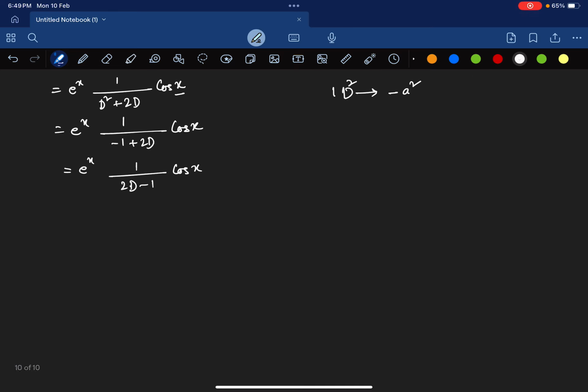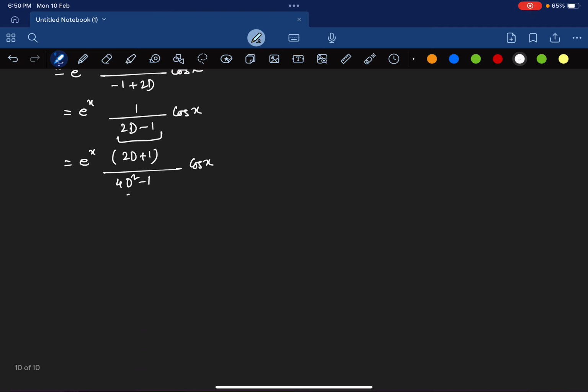Now see, in the lower term you have only D, there is no term involving D square here, so you need to convert it into a D square involved term. So immediately what you do: multiply by (2D plus 1) over (2D plus 1), so immediately you get 4D square minus 1 in the denominator, cos x. Now again you can see D square is present, so in place of D square put minus a square, so e power x (2D plus 1) cos x.